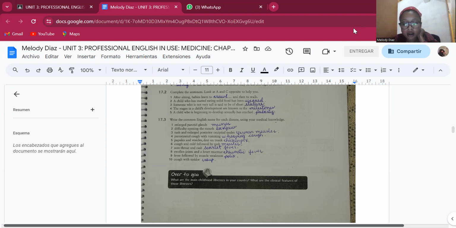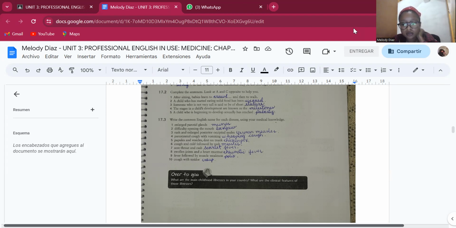Number 4, paroxysmal cough with vomiting, whooping cough. Number 5, papules and vesicles, first on the torso, chickenpox. Number 6, cold and cough followed by rash, measles. Number 7, sore throat and rash, scarlet fever.